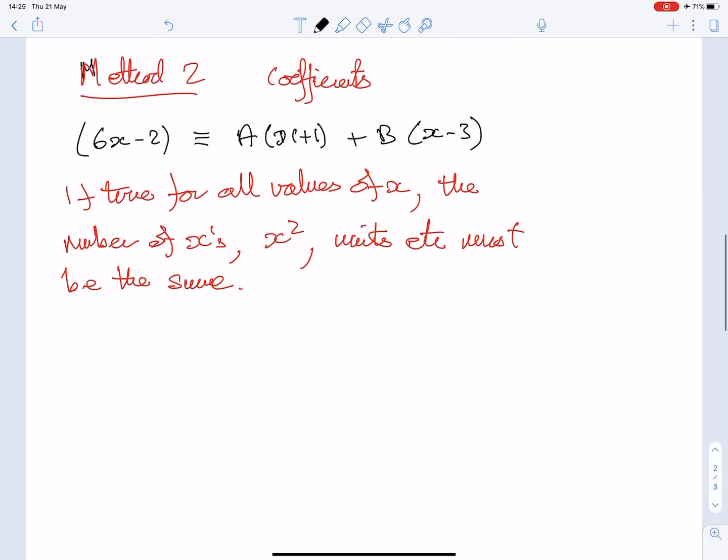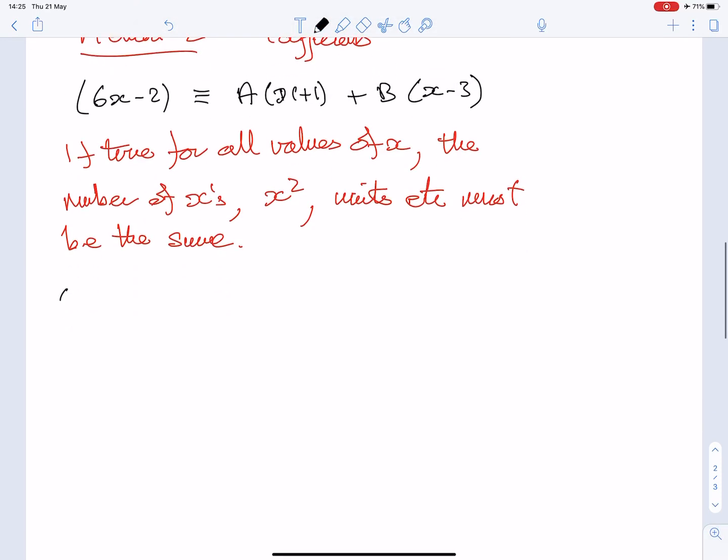So, coefficients of x, the number of x's gives 6, is equal to A plus B.